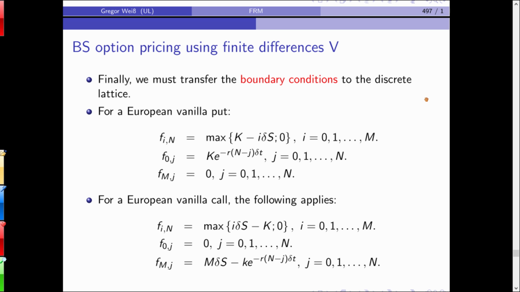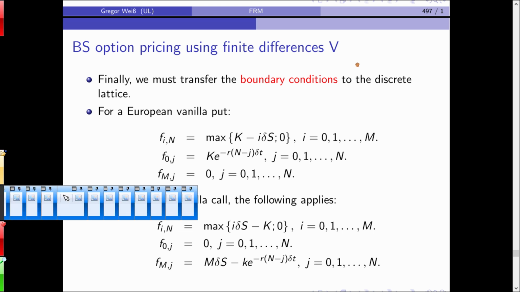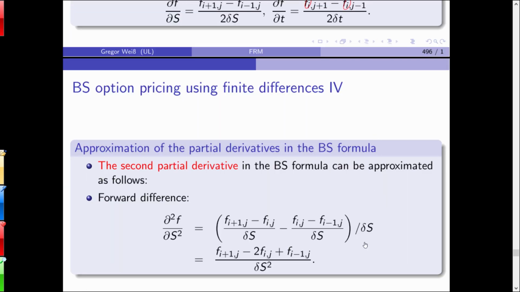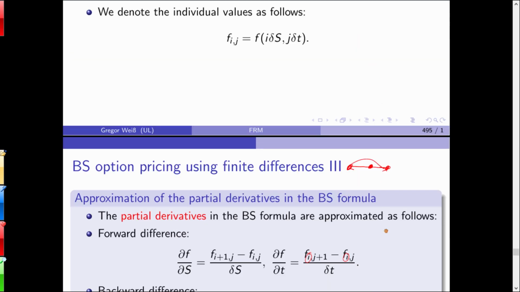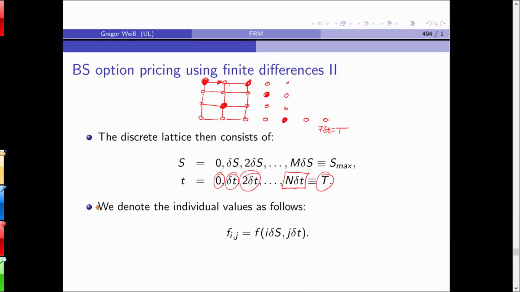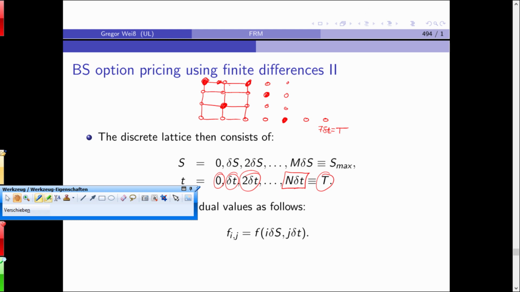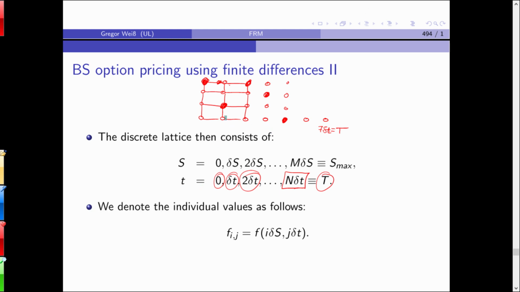So those are the boundary conditions, and we can simply take a look at our lattice, and we know that, for example, let's go back here to my small lattice up here. Now, assume this is time, and this here is the stock price.